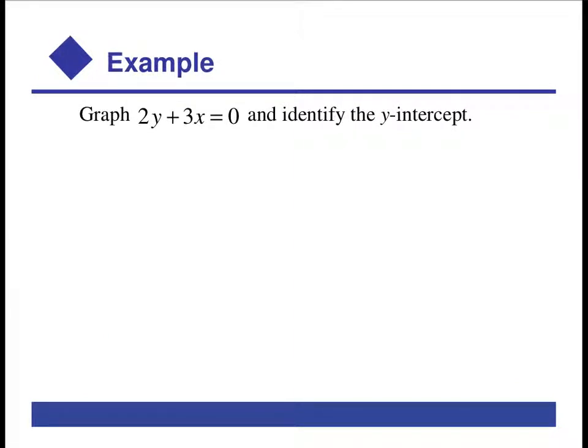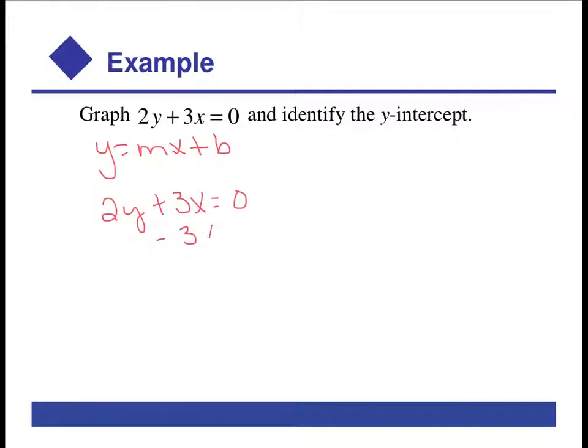Okay, to identify the y-intercept, in other words, to find it and see what it is, you need to put the equation into y equals mx plus b, because you're trying to get the y by itself, so that we can find out where it's going to cross. So we have 2y plus 3x equals 0.